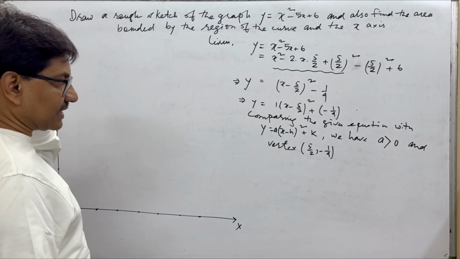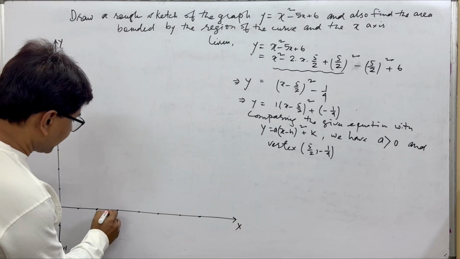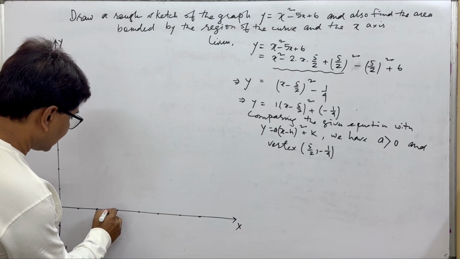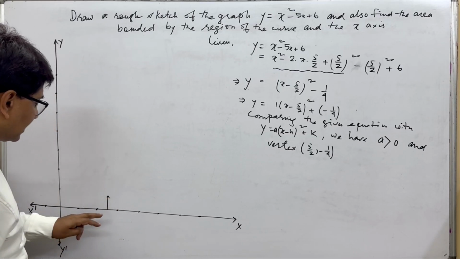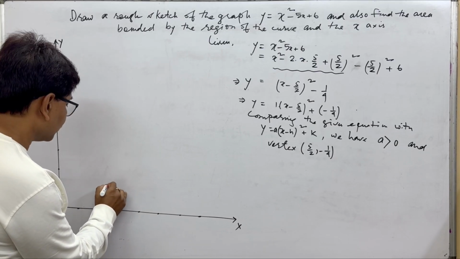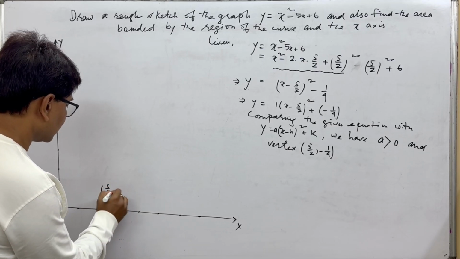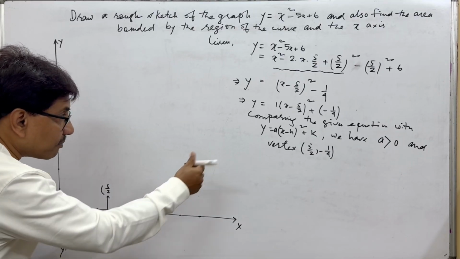So let us see this in this graph. 5 by 2 means 1, 2, that is 5 by 2 means this position. This is 5 by 2 and minus 1 by 4.